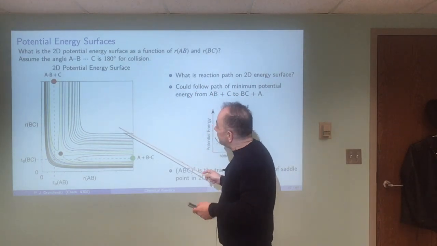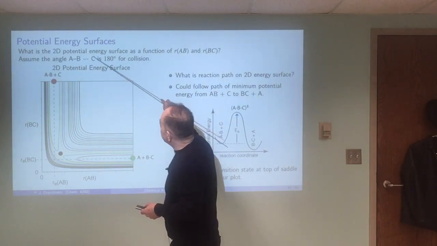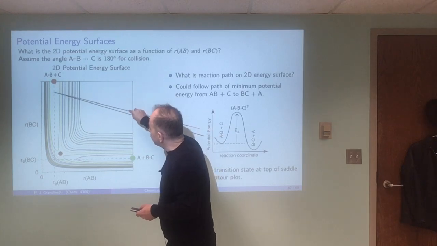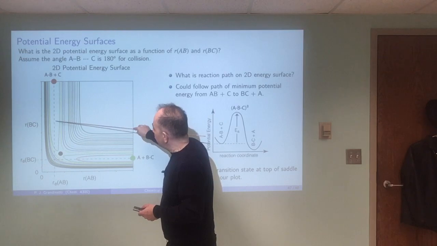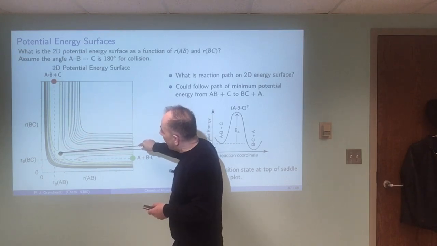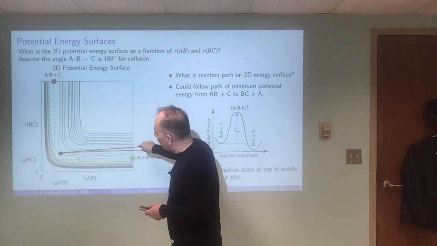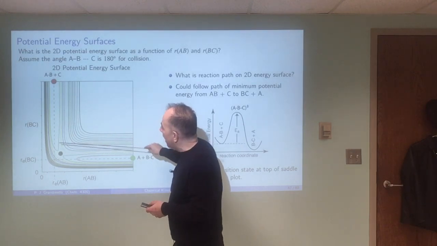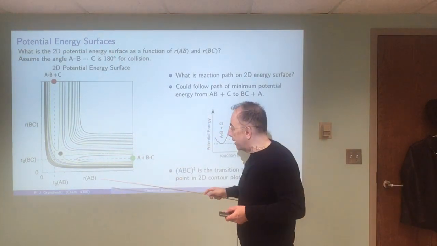As the C atom approaches, as I bring the BC distance down, you can see that the potential energy will go up, and we will reach this saddle point right here where we have A, B, and C very close to each other.